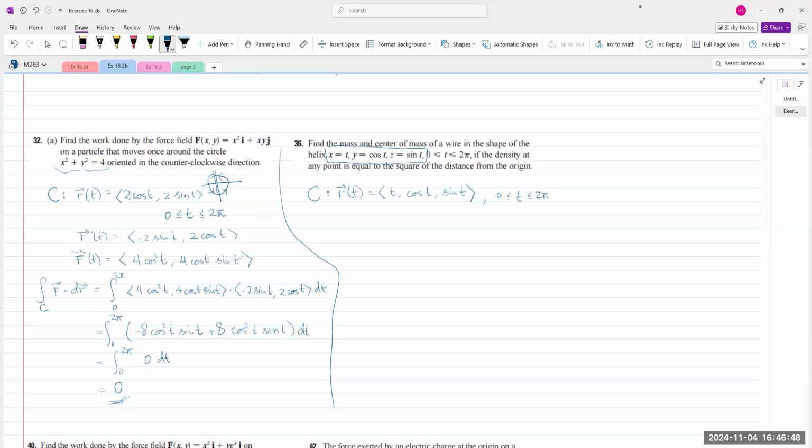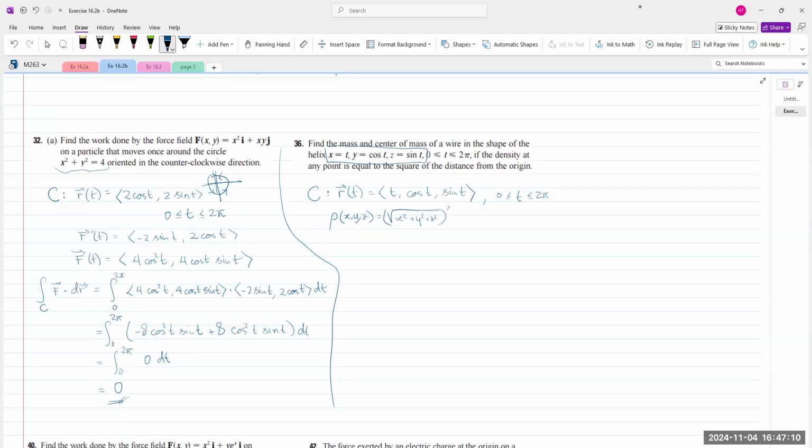The density, so rho at any point is equal to, not proportional, but exactly equal to the square of the distance from the origin. The distance from the origin is the square root of x squared plus y squared plus z squared.